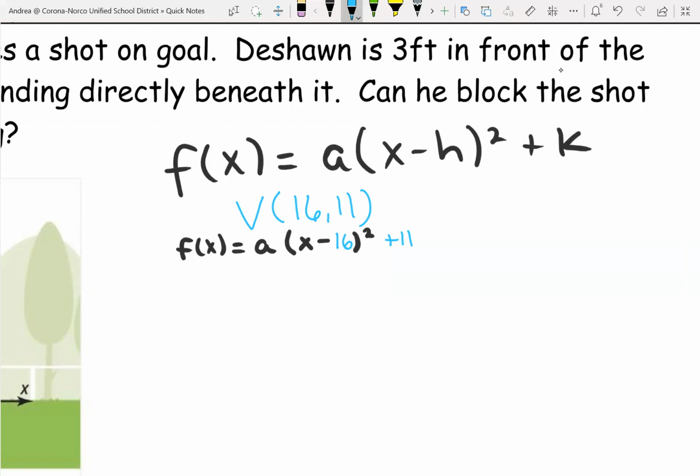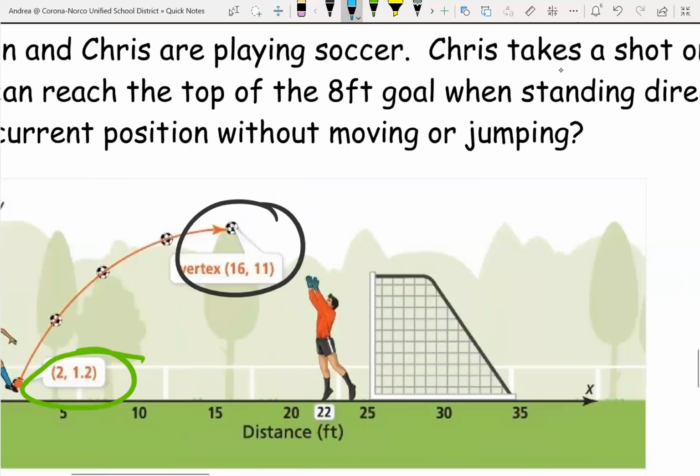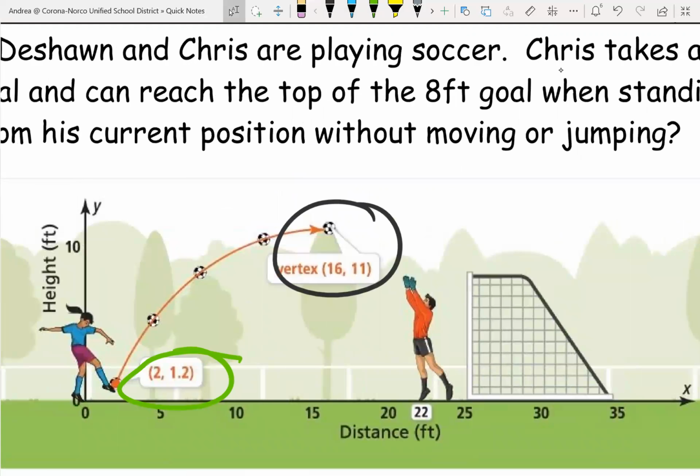To find the a value, we talked about rising and running. But based on my graph, they didn't give me a lot to show how far I moved down and then to the right or left, because it doesn't give me very many vertical numbers. So I can't just count. They did, however, give me this extra point, 2 and 1.2. So if I plug 2 and 1.2 into my equation, I can solve for a.